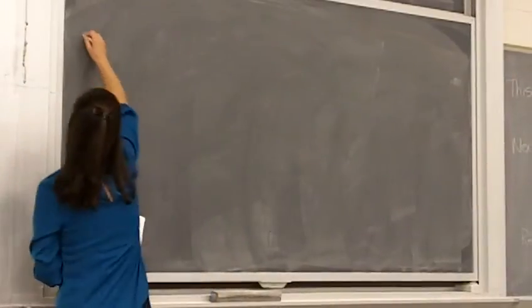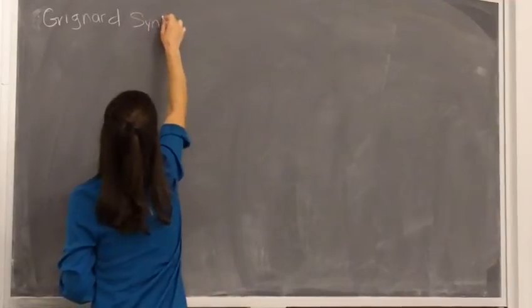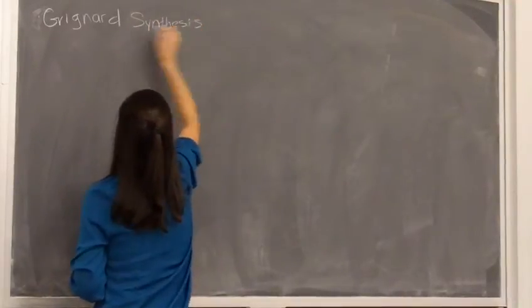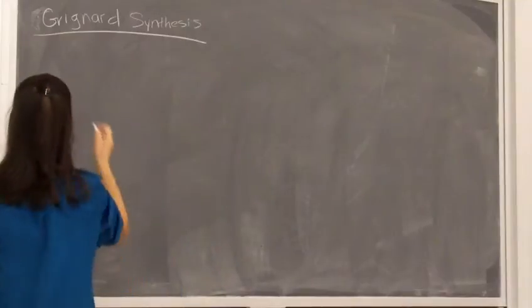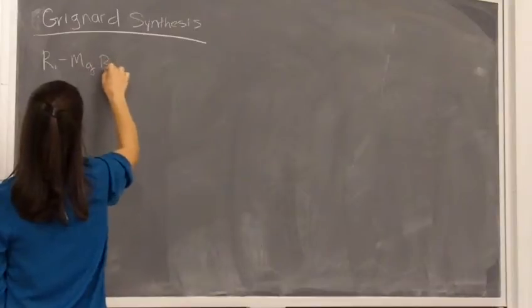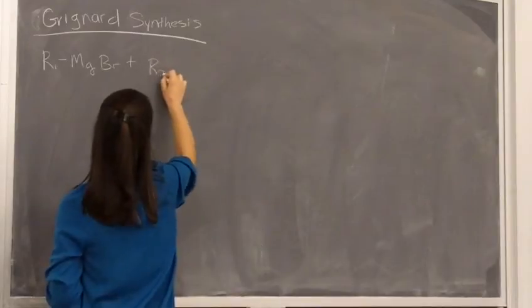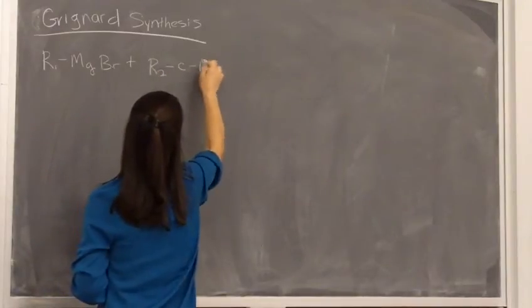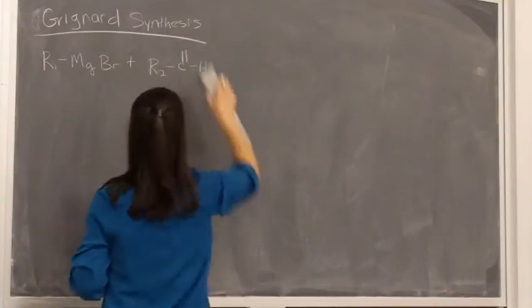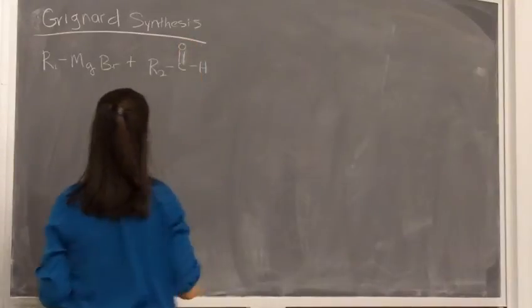So for the Grignard synthesis, using our Grignard reagent now to make our alcohol, you're going to have your alkyl magnesium bromide, and we're going to react that, like I said, with an aldehyde. Okay?